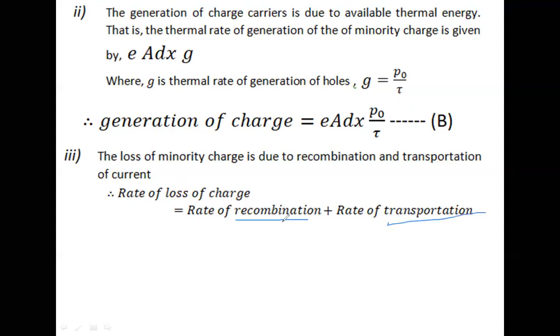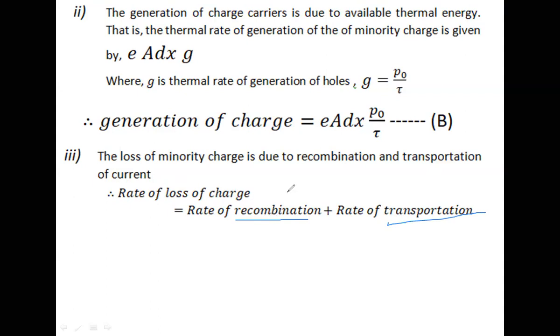Now what do you mean by recombination? Recombination is taking place because of the limited available lifetime. That means after completing the lifetime, electrons are actually de-exciting from conduction band to valence band and recombining with holes, because of which we are actually losing the number of holes.